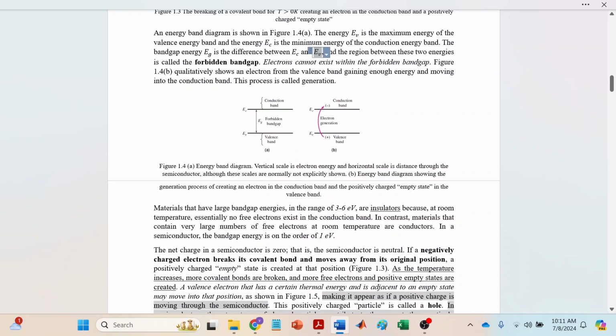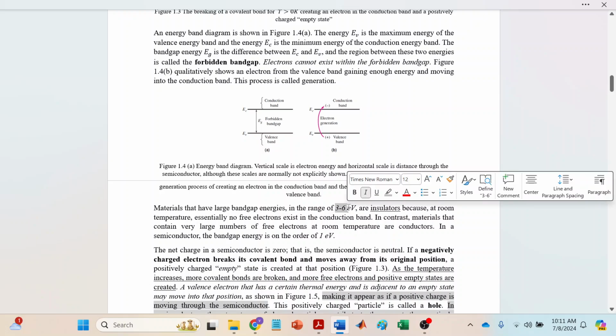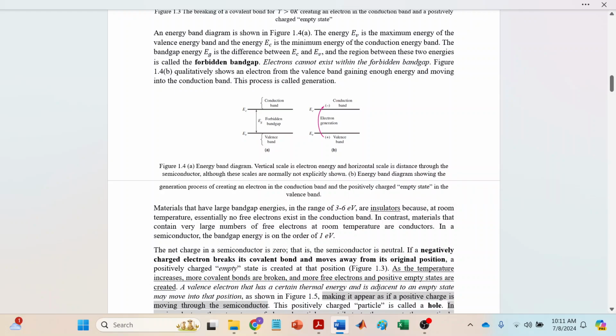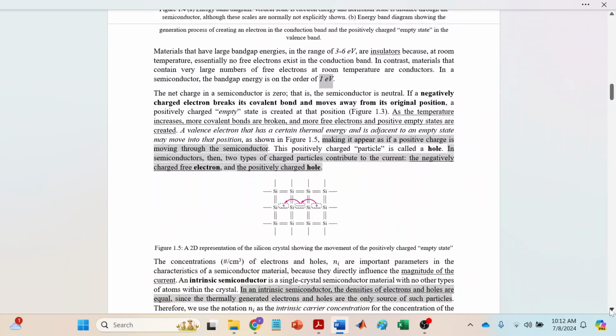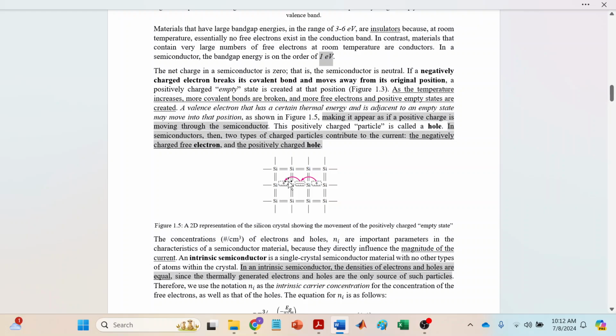Materials within the range of 3 to 6 electron volts are insulators. Materials that have a band gap energy in the order of 1 electron volt are semiconductors. Conductors would have much lower band gap energy compared to semiconductors. The net charge in a semiconductor material is 0.